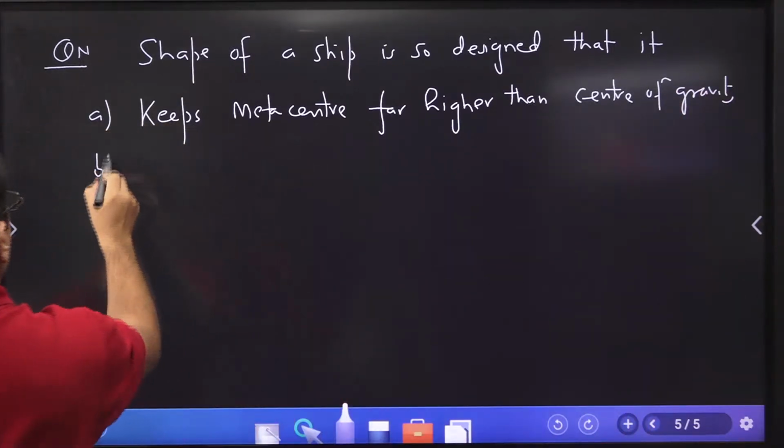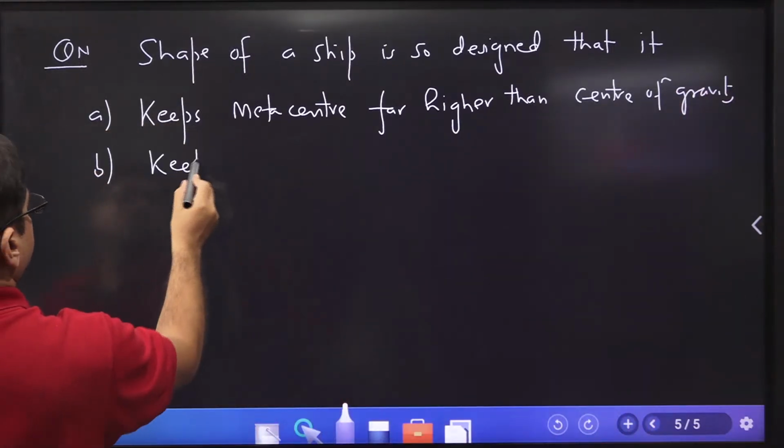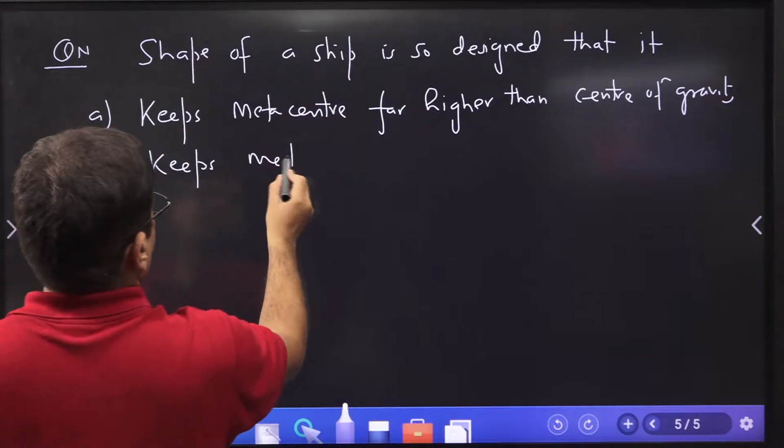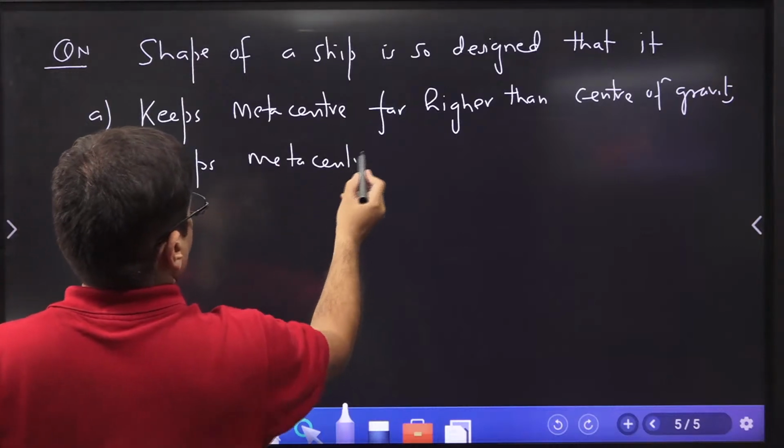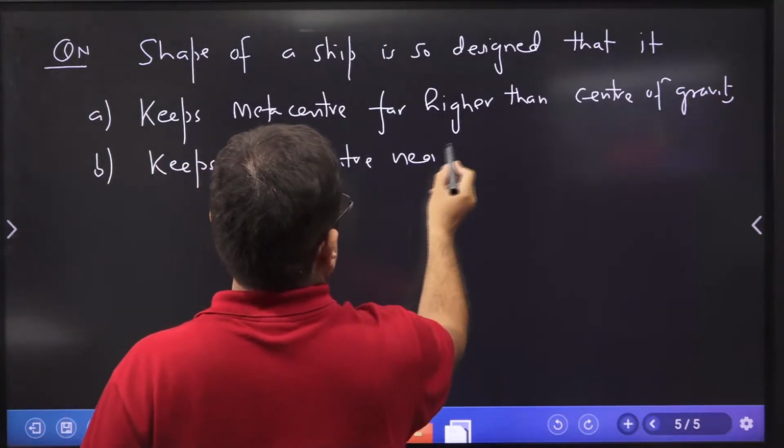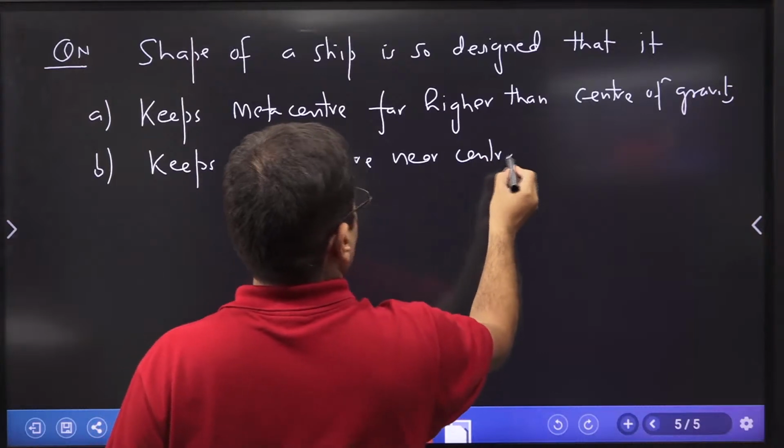Choice B, keeps metacenter near center of gravity.